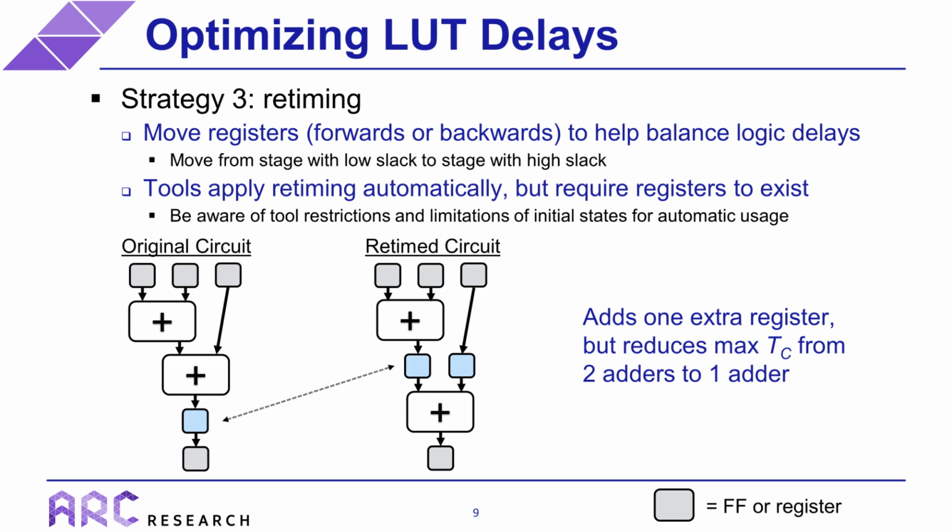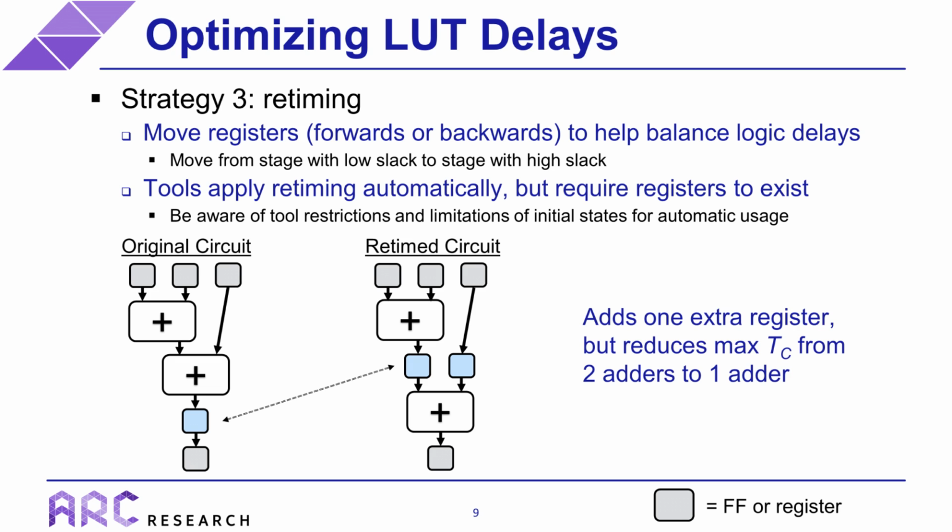Now, those differences might be harmless. They might be there for just a single cycle and then disappear. But that is a problem for the synthesis tool because the synthesis tool doesn't know that they are not a problem. It has to preserve the same semantics as the original code. And so what this means is these initial states can often restrict the amount of optimization that a synthesis tool can do automatically.